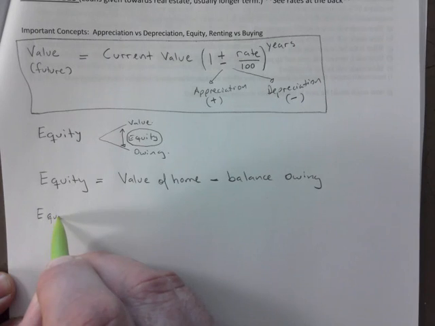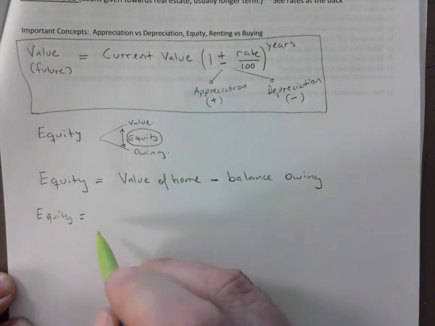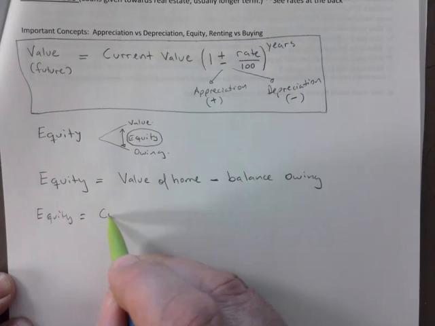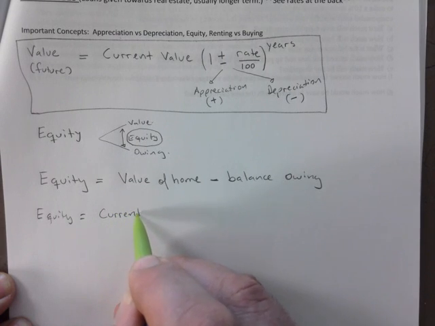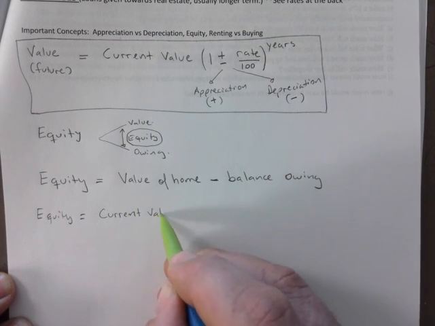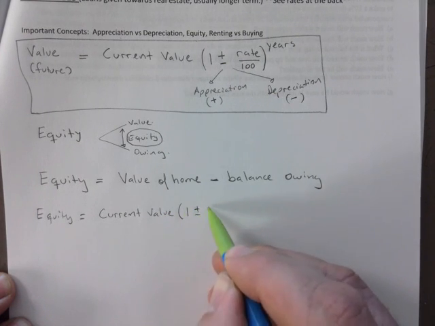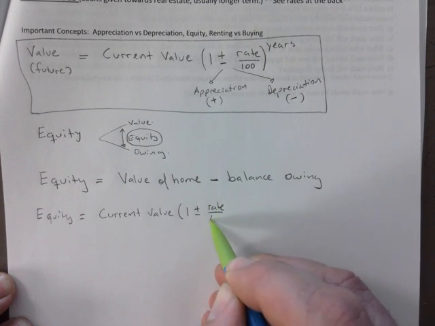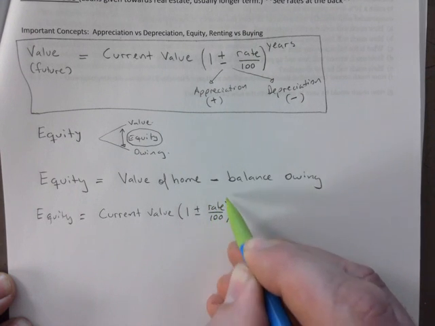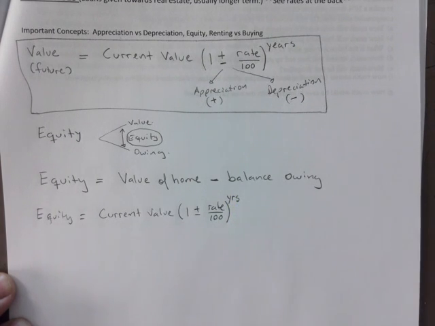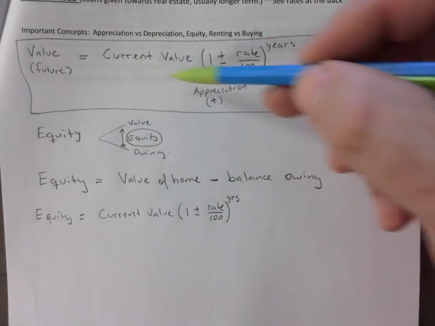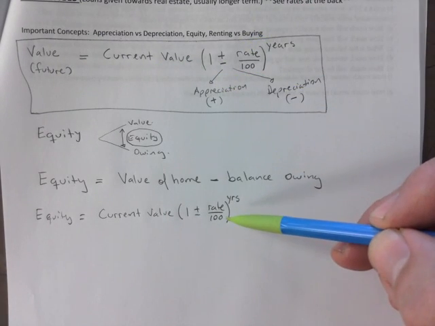Okay, so equity, the value of the home is current value times (1 plus or minus rate over 100) to the power of years. So it's like copy paste of what I did earlier. This whole thing comes in here again.